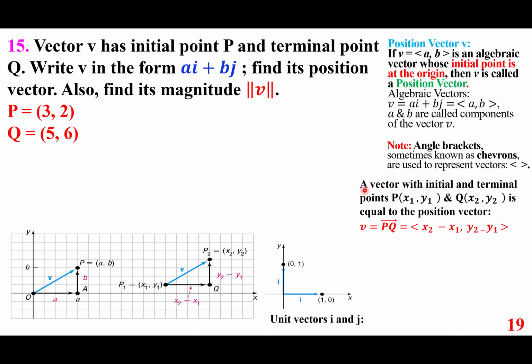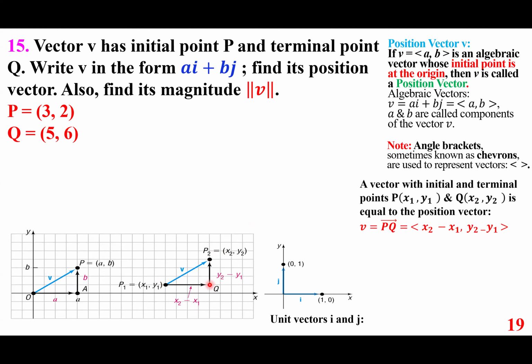Notice a vector with initial point P having coordinates x sub 1, y sub 1, and terminal point Q having coordinates x sub 2, y sub 2. The vector PQ is x sub 2 minus x sub 1, comma, y sub 2 minus y sub 1.